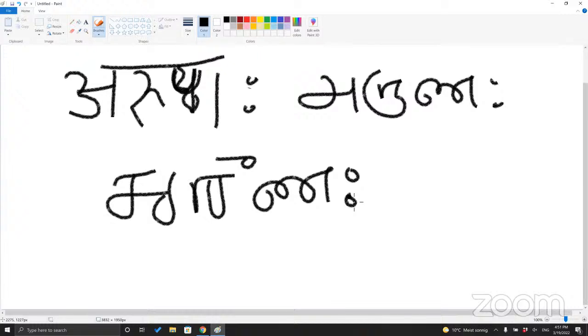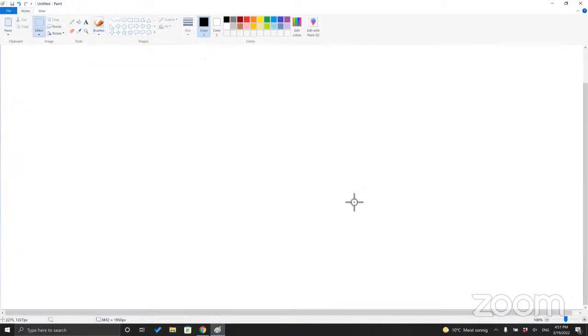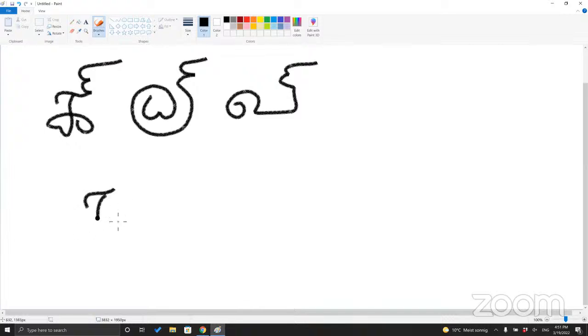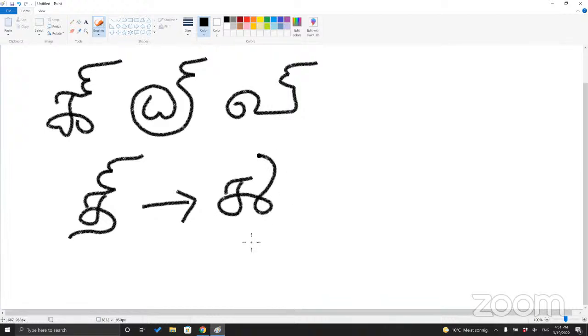One more thing before I forget. We know that in Grantha, the puli takes a funny form like this. It works for all consonants except for three. You don't write it like this, but rather like this.